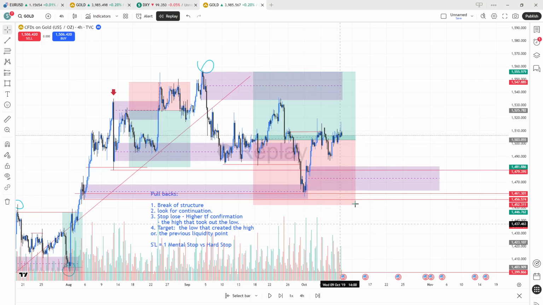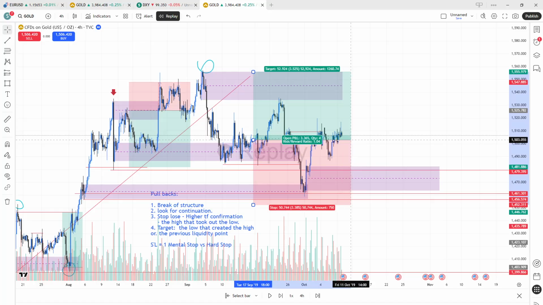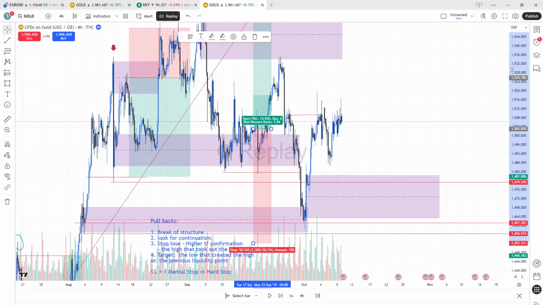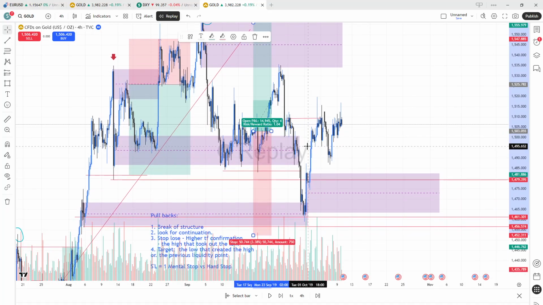Oh, I hate this, but I have to have this. So after we have this break, price came back, created a double bottom, gave this reaction going up, but it came back and took that out. So this is just manipulation.